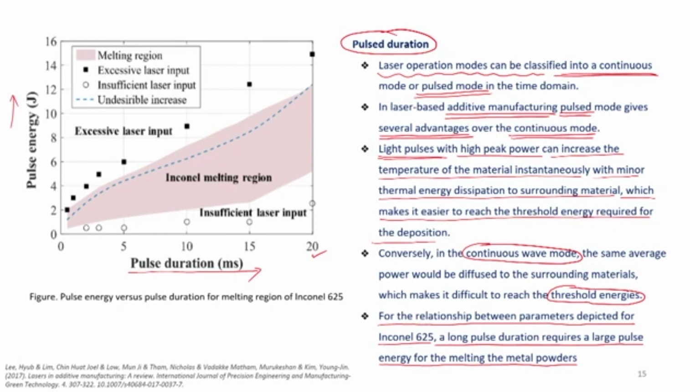So, here you can see there is a graph which I have noticed, and this graph is giving us the regions, and these regions are helping us to find out the region of insufficient laser input and the regions of excessive laser input as well. So, this is the Inconel melting region. So, one certain example I have taken over here. So, here the region has been noticed by varying the pulse duration on x axis and pulse energy on the y axis.